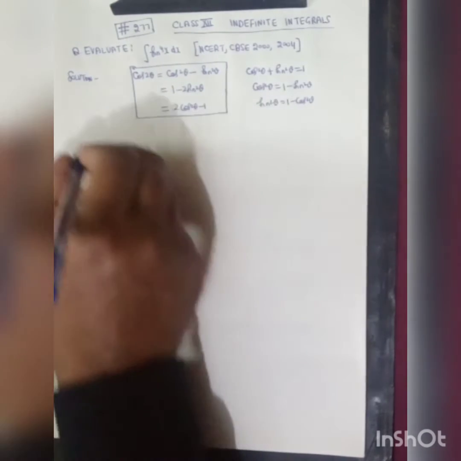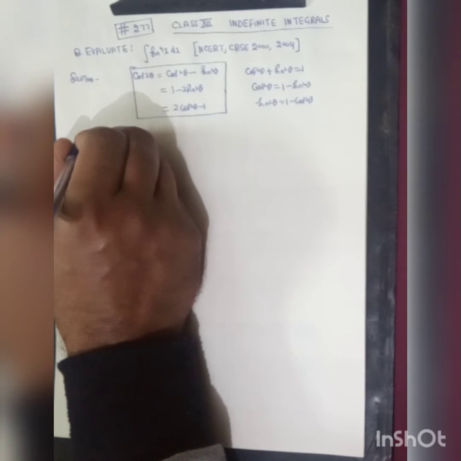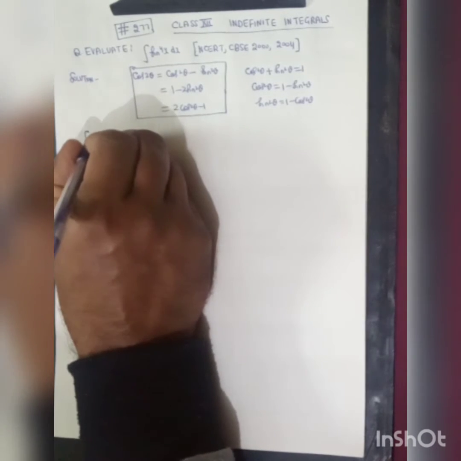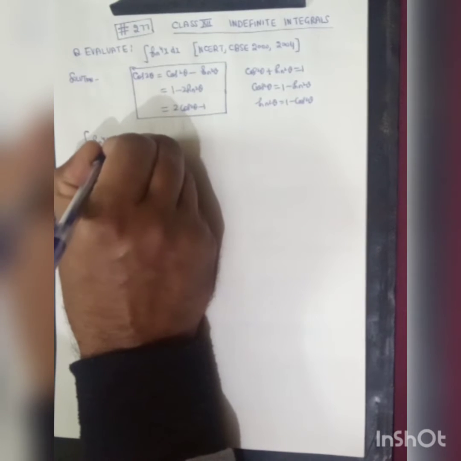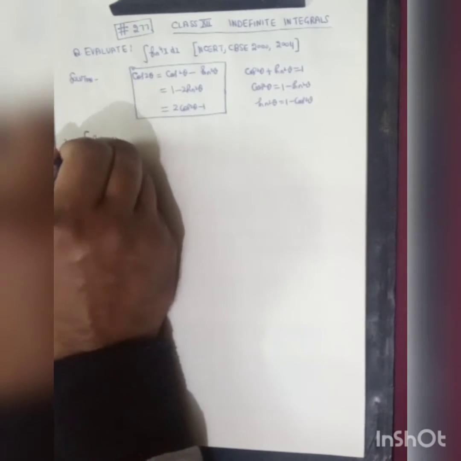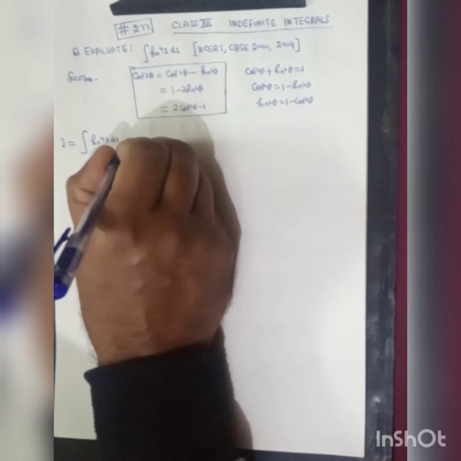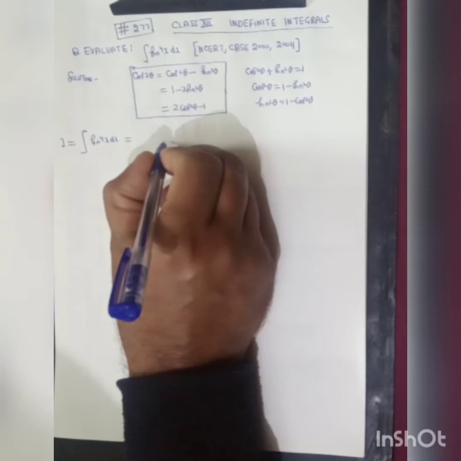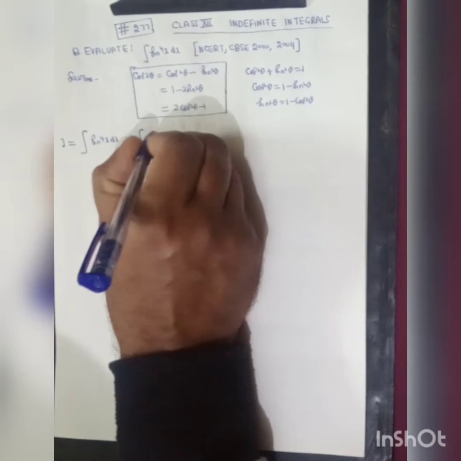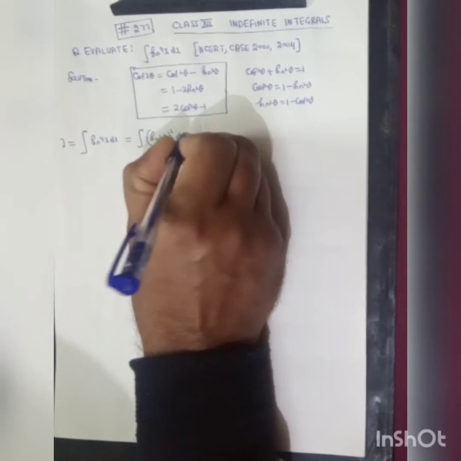So the integral of sin⁴x: we have to evaluate sin⁴x dx. Let it be denoted by I. So it will be equal to the integral of (sin²x) whole square dx.